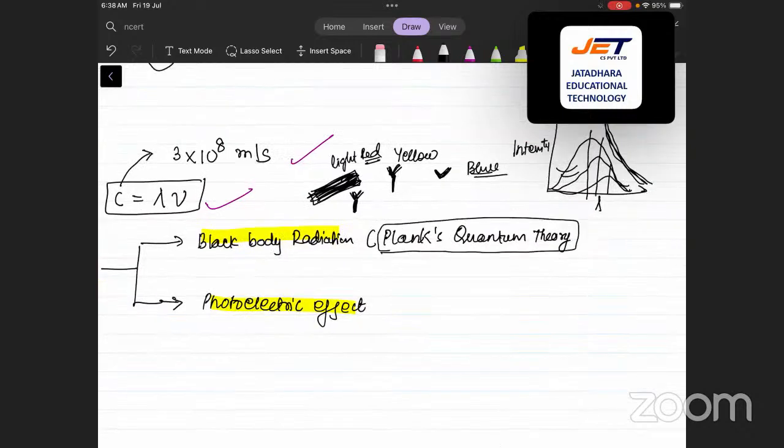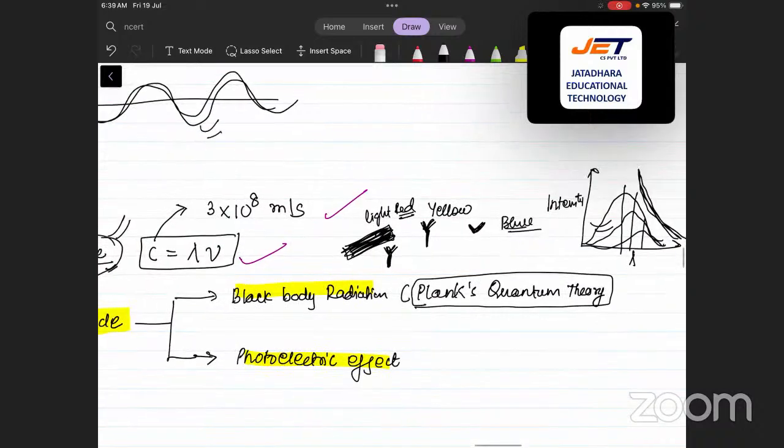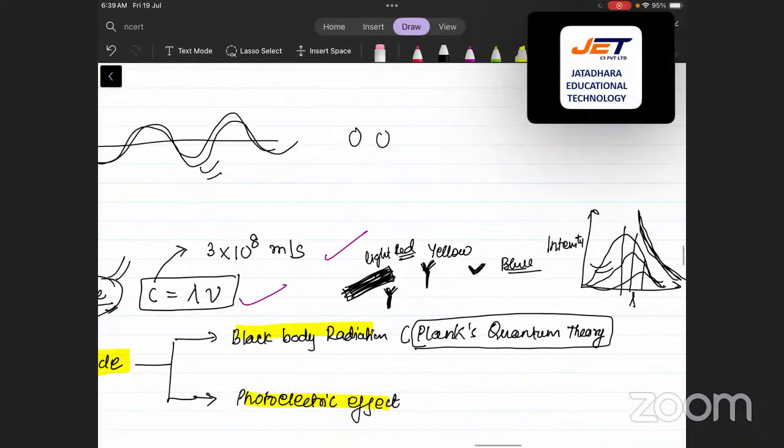Planck came with the hypothesis that light, instead of coming as a wave, comes in packets. Each packet of light will be known as, you have to quickly tell me in the chat.